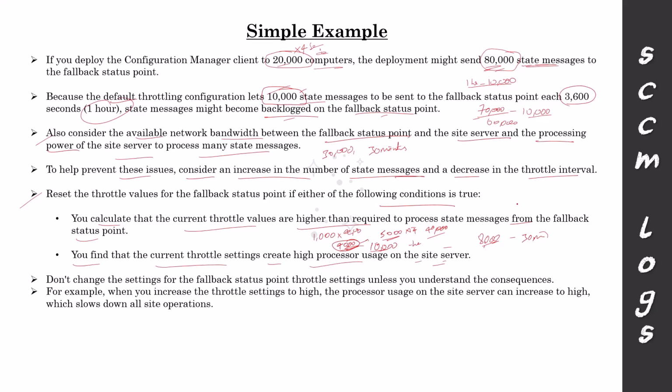You can increase the configuration as well. And here it's saying don't change the settings unless you understand the consequences. This is the main concept. If you understand the consequences, you can decrease or increase the configuration. For example, when you increase the throttle settings to high, the processor usage on the site server can increase.